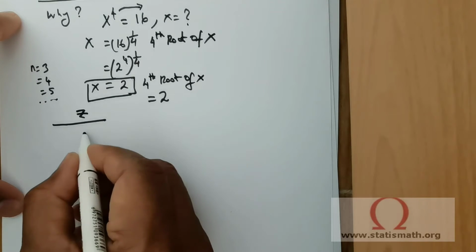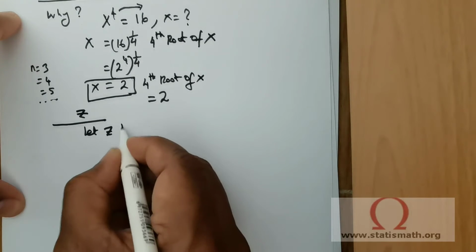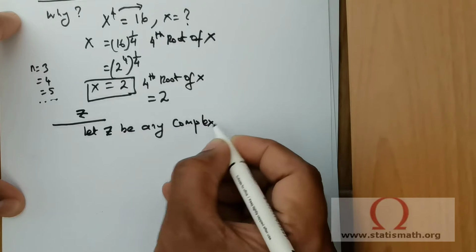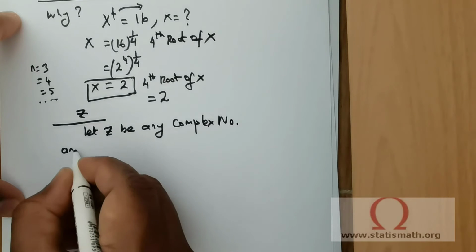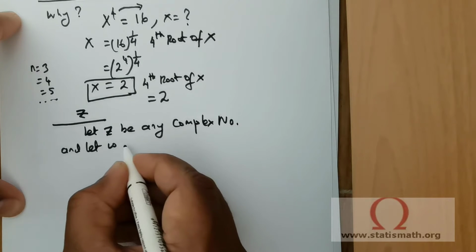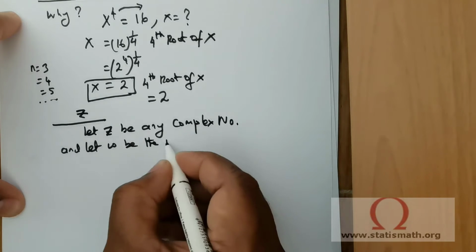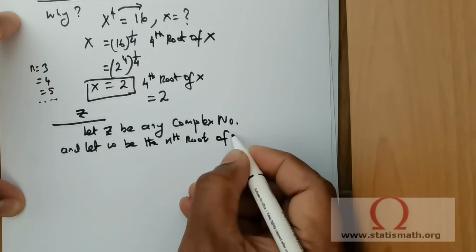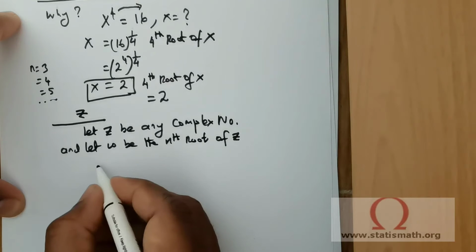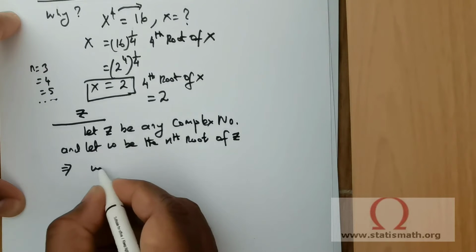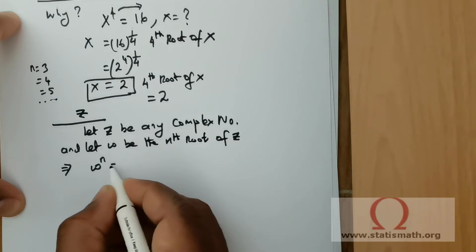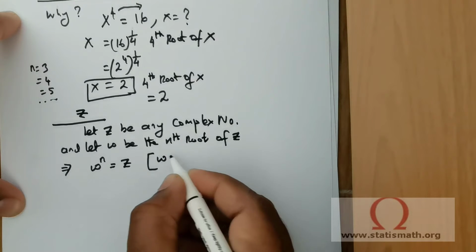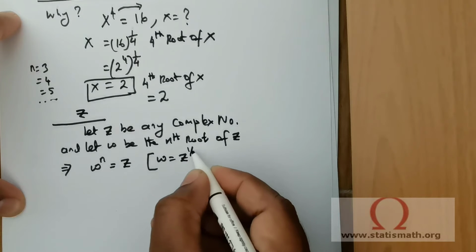So we would start like this: let z be any complex number, and let omega be the nth root of z. This would mean that omega raised to the power n would be equal to z, and it can also be rewritten as omega is equal to z raised to the power 1 over n.